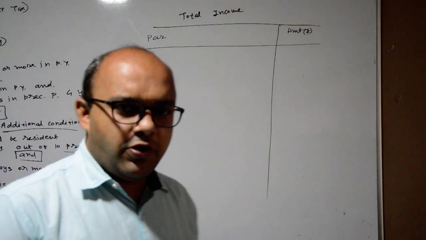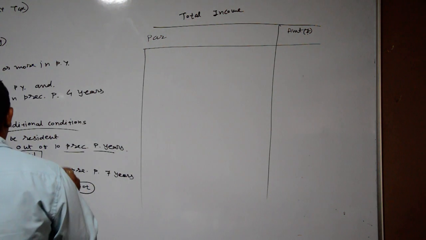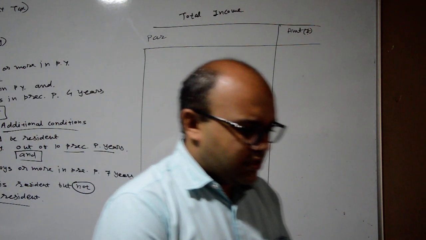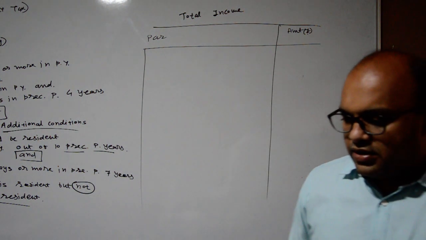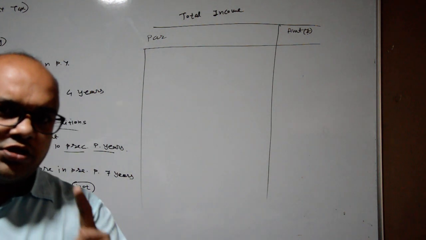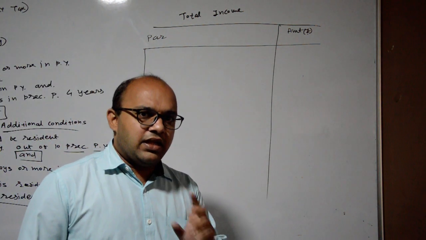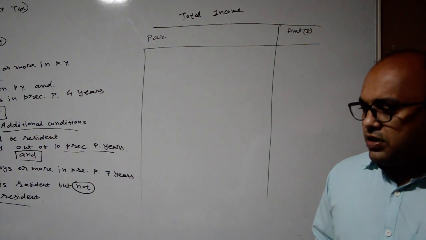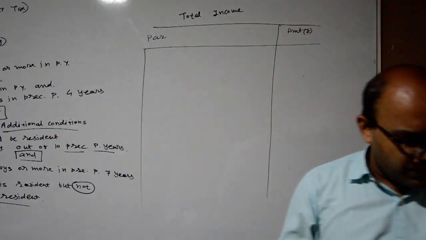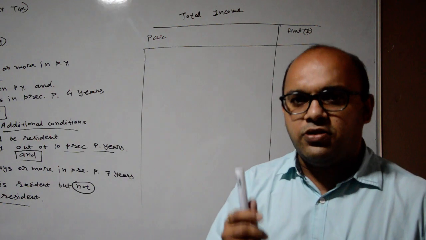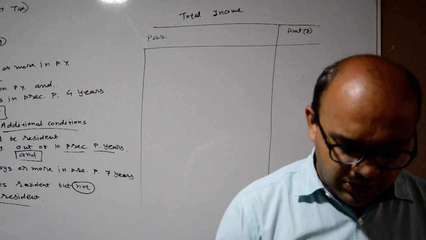In case of foreign income, if the assessee is resident but not ordinarily resident, then as I discussed in the last lecture, the words that must be used are that the income was managed from India, and only then it becomes taxable. But in this case no words like managed in India are used, so we will not consider this foreign income as taxable. So foreign income is tax free here for Mr. Kumar.